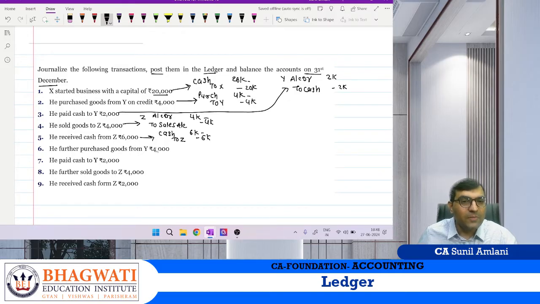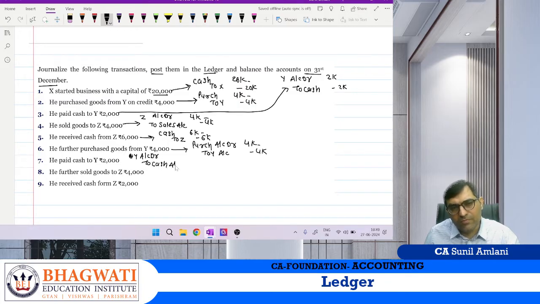He further purchased goods from Y 4,000. So purchase to Y, 4,000. He paid cash to Y 2,000. So again entry will be Y account debit to cash 2,000.